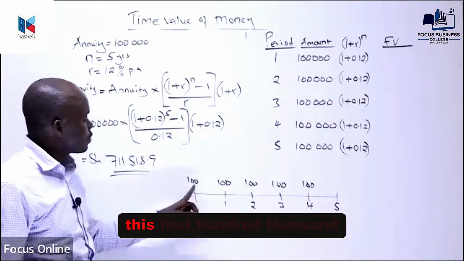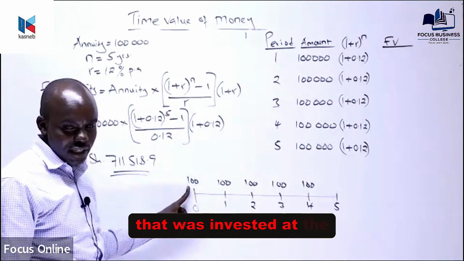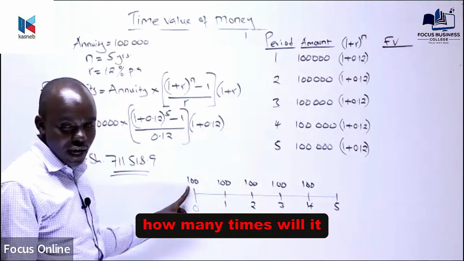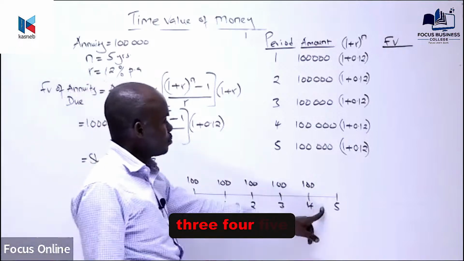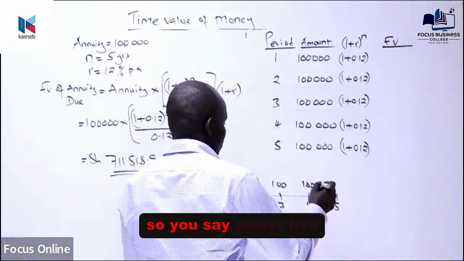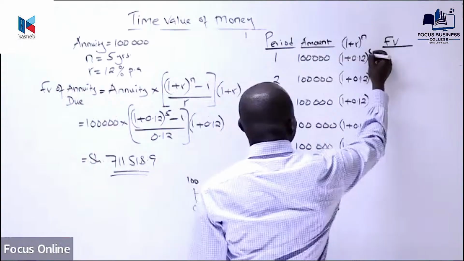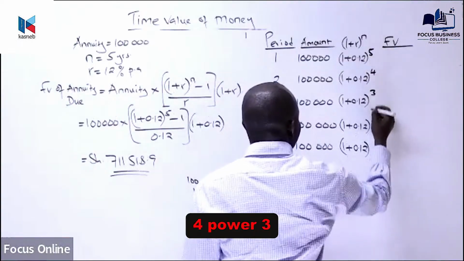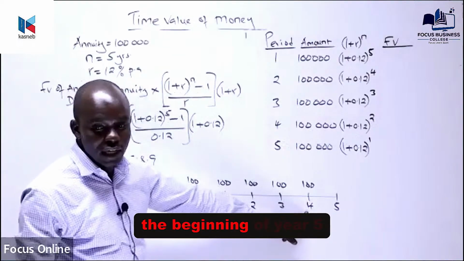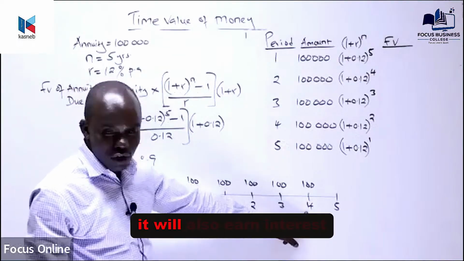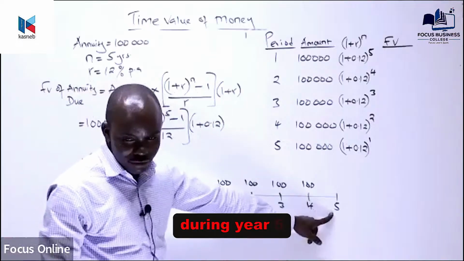So we are saying this first 100,000 that was invested at the beginning of year 1, how many times will it earn interest in a period of 5 years? 1, 2, 3, 4, 5. So you say power 5. The other one is power 4, power 3, power 2, and power 1. The last one that we are investing at the beginning of year 5, it will also earn interest during year 5.